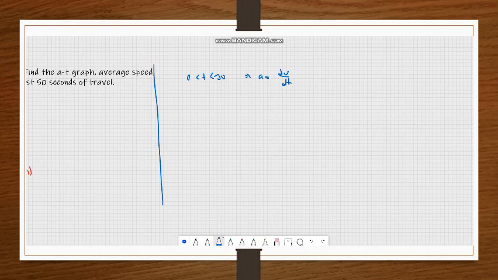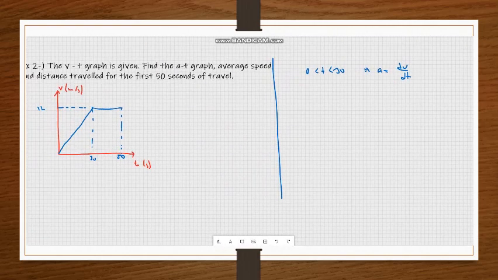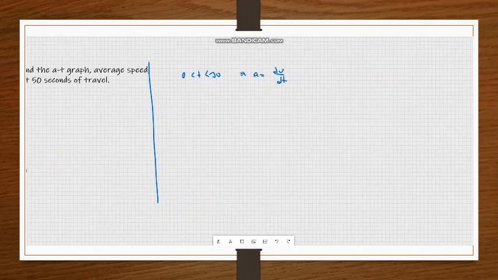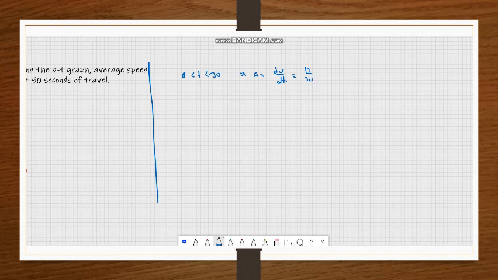As we can predict, dv over dt is the slope of this curve, the tangent line of this graph. Since it is like a right-angle triangle, we can do it as 12 over 30, as it is just a straight line. It gives us the acceleration, which is 0.4 meters per second square.